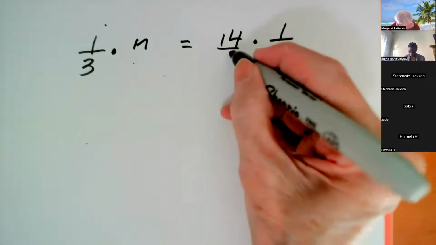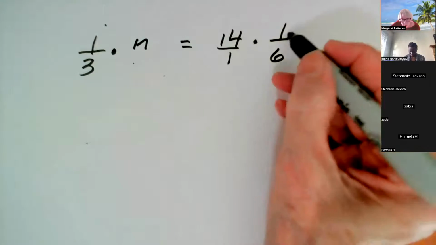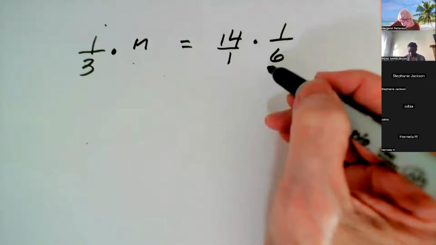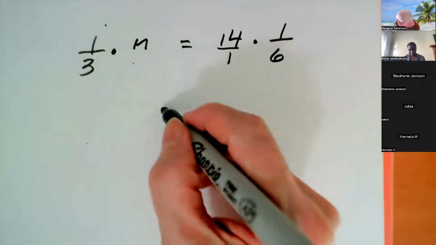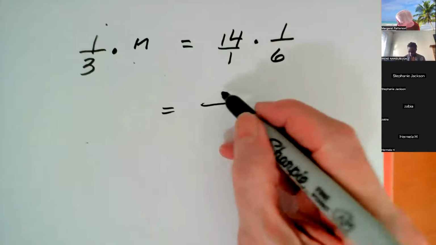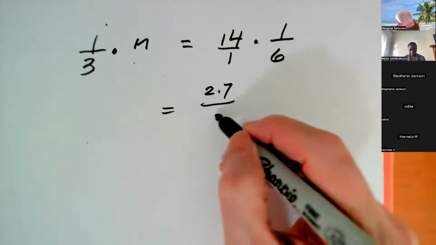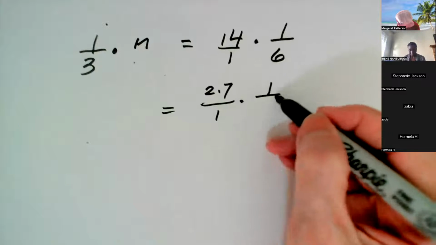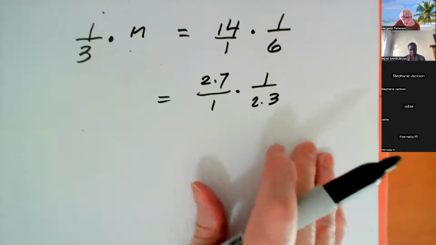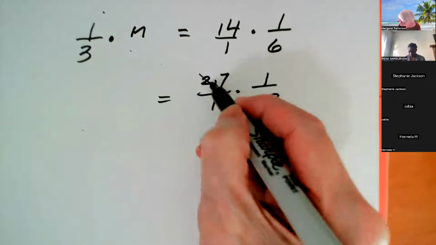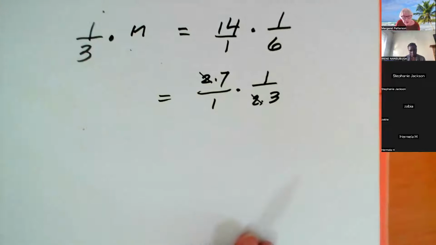What I was going to do first is make this simpler, get this straightened out. And so I put 14 over 1 to help. And so this is actually 2 by 7, and this is actually 2 by 3. Either you do it like I'm doing it, or you divide both of them by 2.